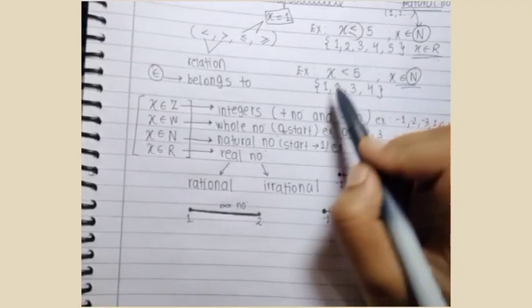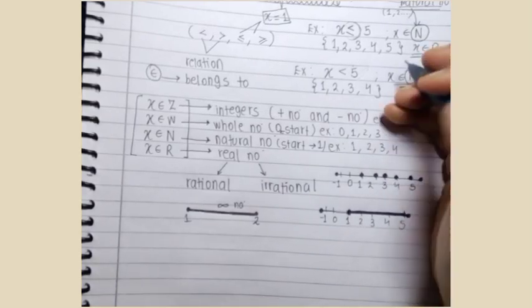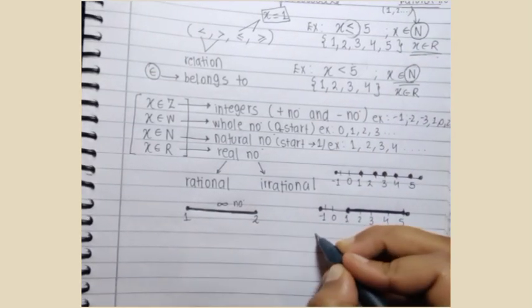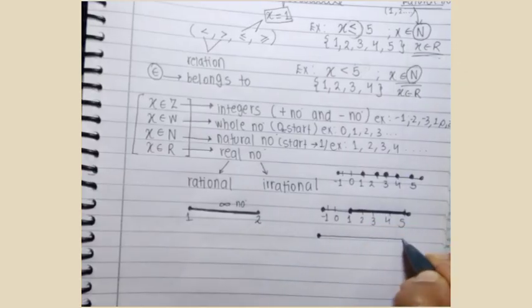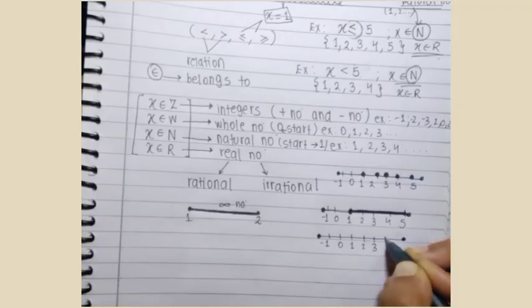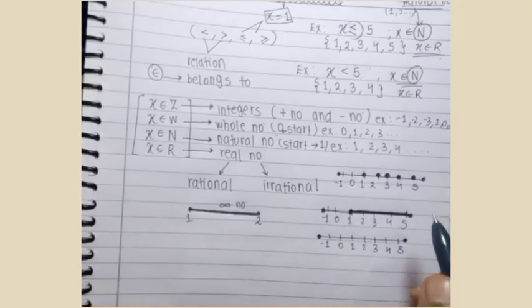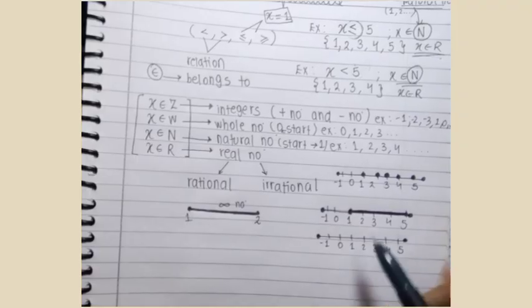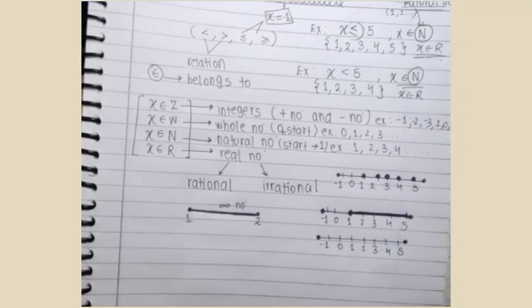Let me clarify that to you also. If the condition was something like this, how will you represent it on the number line? If x belongs to R this time, what will you do then? Let's make one more little number line here. We'll take it from -1, 0, 1, 2, 3, 4, and 5. It says that x is less than 5. So what will you do? It means that x is less than all the quantities which are less than 5.